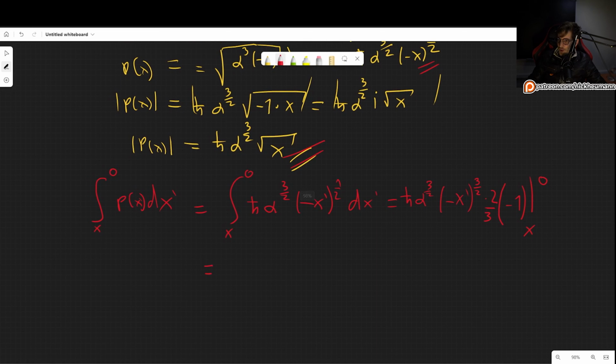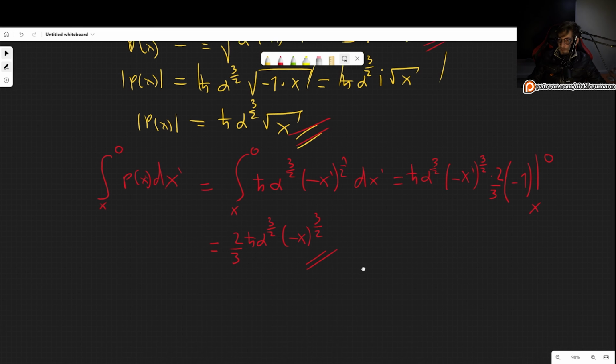Now, what does that give us? So at 0, this entire thing is 0. So we are left with minus this thing evaluated at x, but we already have a minus there, so the minuses cancel out, and we get 2/3 h bar alpha to the 3/2 times minus x to the 3/2.